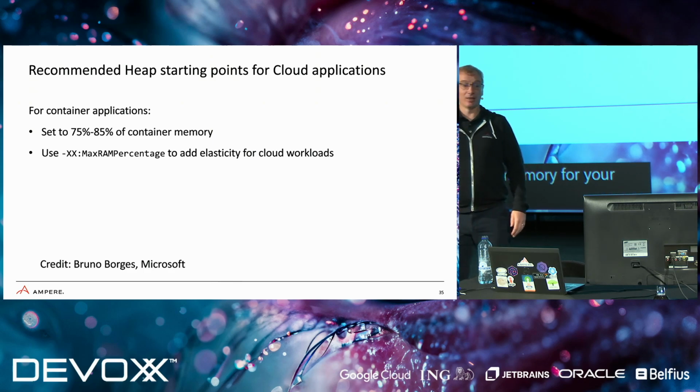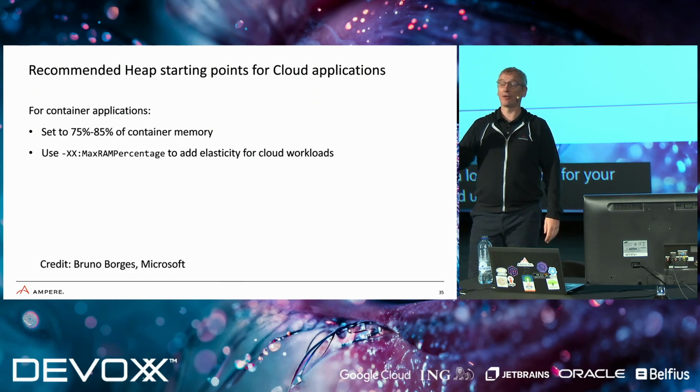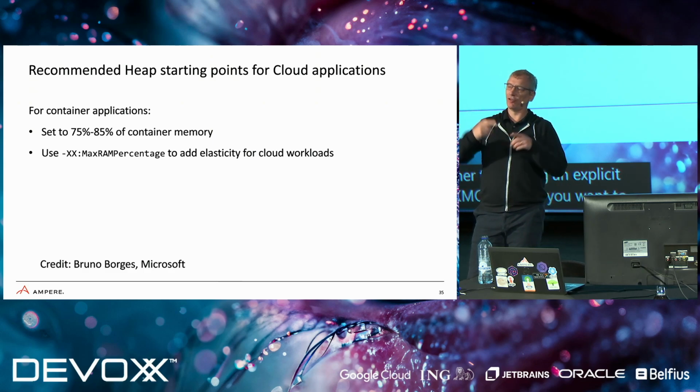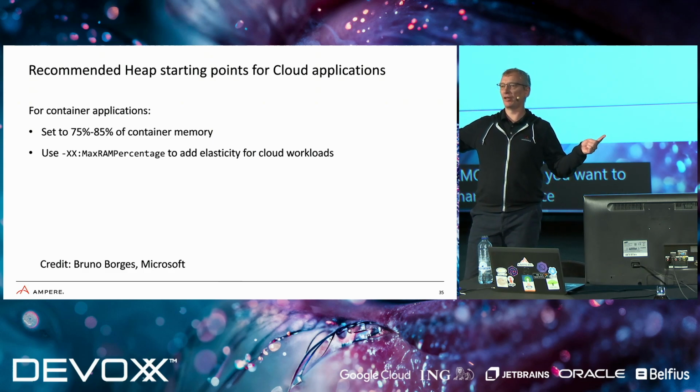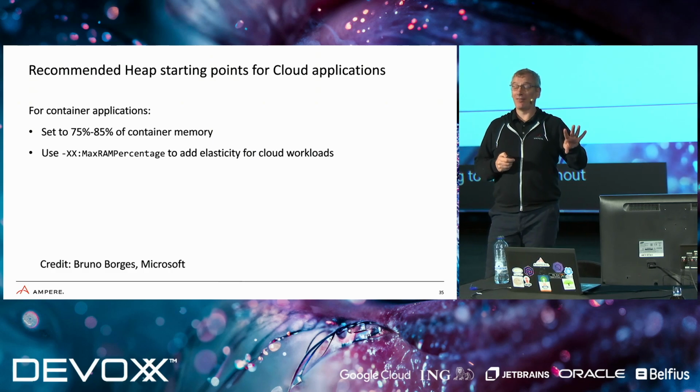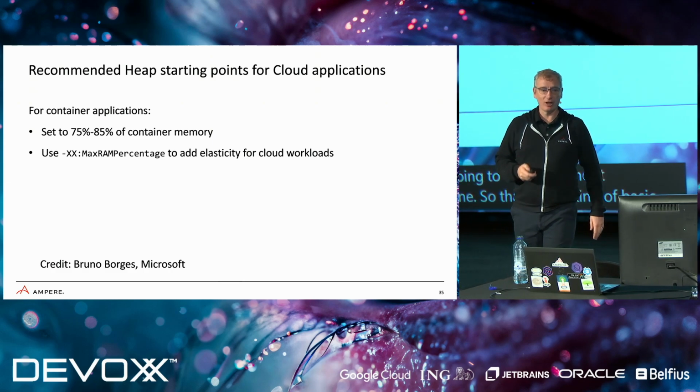I recommend using MaxRAMPercentage rather than using an explicit amount of heap memory with -Xmx, because you want to have that elasticity, that if you change instance types, your memory amount is also going to change without changing the command line. So that's your kind of basic starter, and then we're going to talk about the garbage collector.